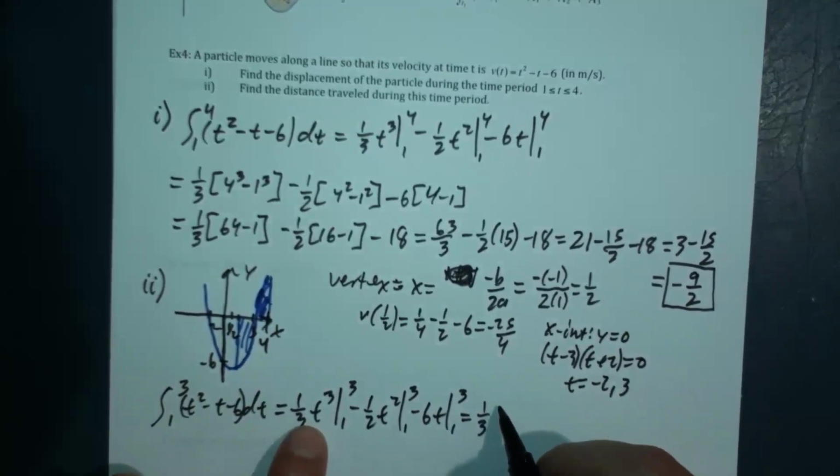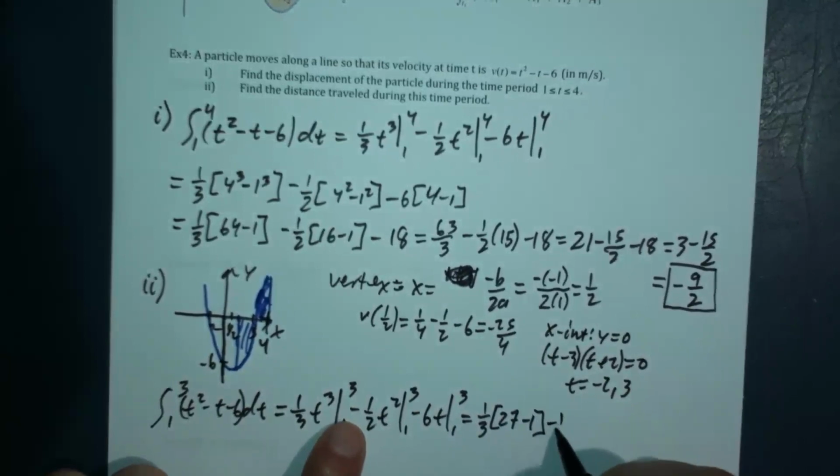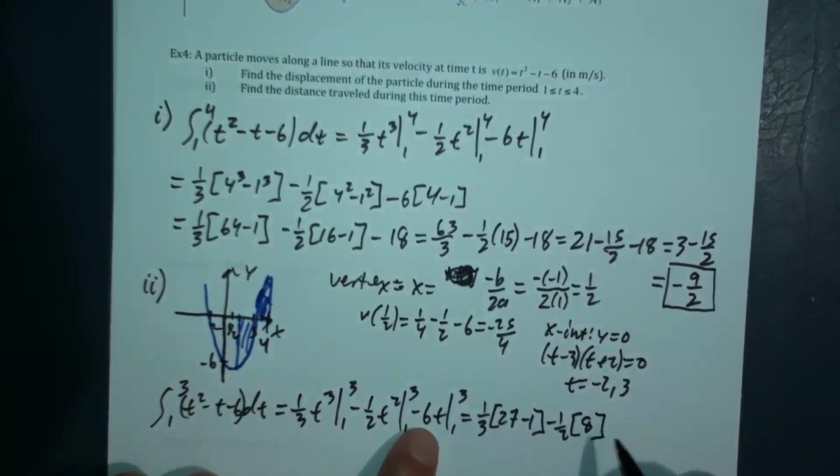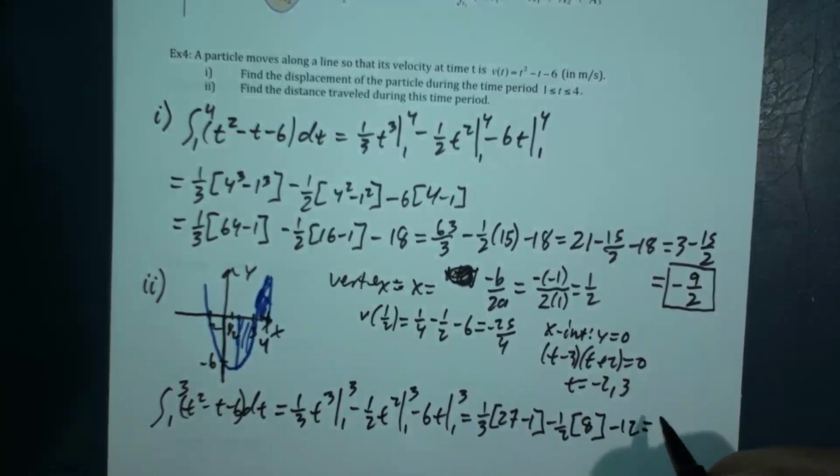Three to the third is 27 minus 1. 9 minus 1 is 8. 3 minus 1 is 2, so that's going to be minus 12. And overall, that's going to be a negative 22 thirds. And we knew it was going to be negative. Now we're going to go from 3 to 4.